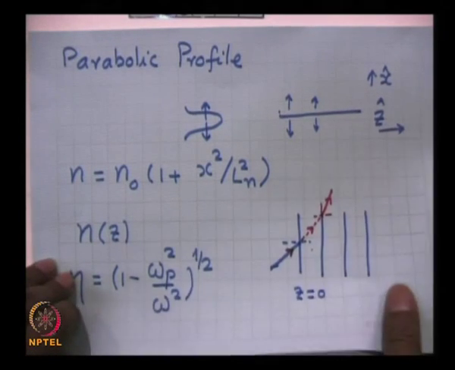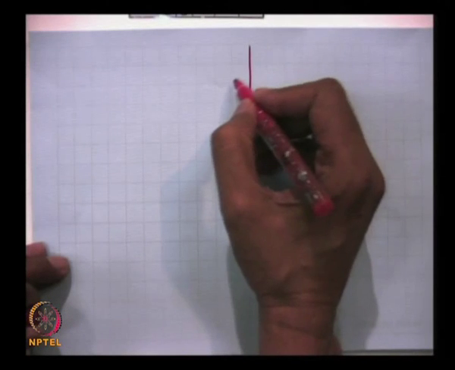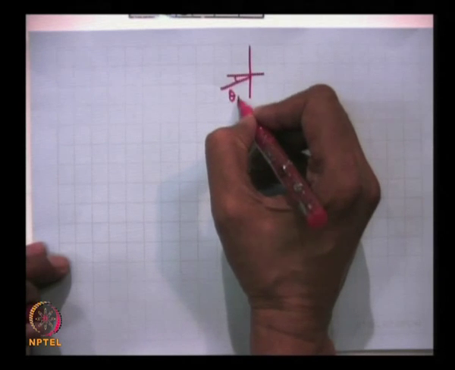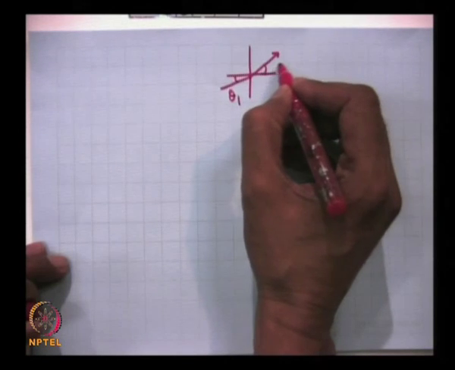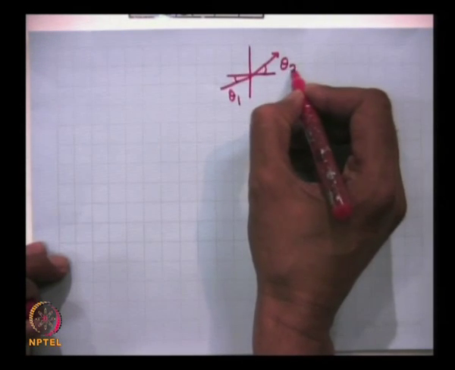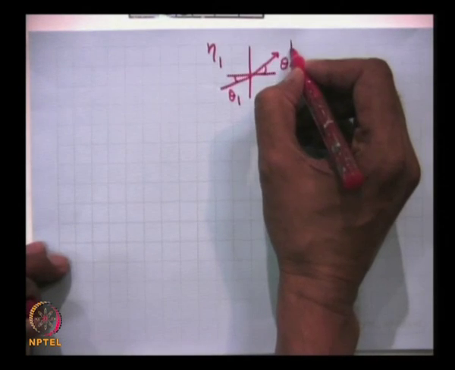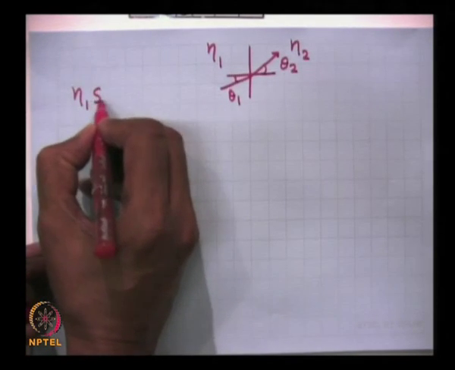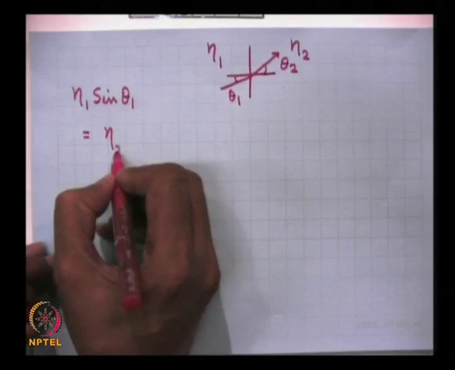One thing is very important here, and that is Snell's law, which tells that if a ray goes from one medium at an angle theta 1 and then gets out in the second medium with angle of transmission theta 2, with the refractive index of medium 1 being eta 1 and that of the second medium eta 2, then eta 1 sin theta 1 is equal to eta 2 sin theta 2.